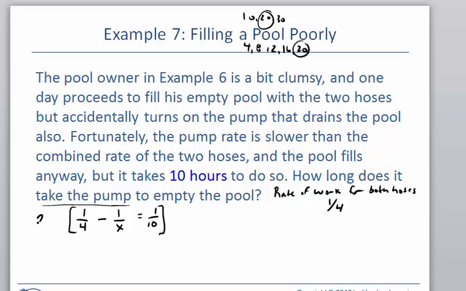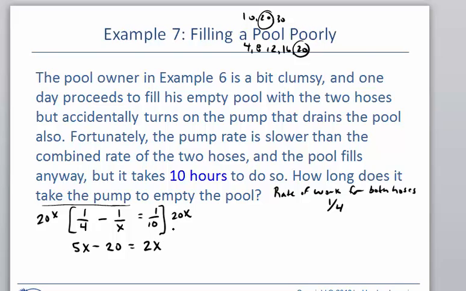So we can multiply both sides by 20x. Let's check this. We have 20x times a 4th, so the 20 and the 4 would reduce to 5. Multiplying the 20x times the 1 over x, the x's would cancel, leaving me 20. And on the right-hand side, the 10 and the 20 would make 2, and we have x.